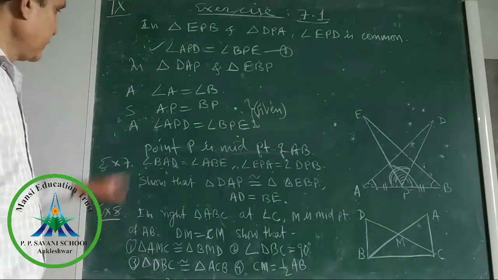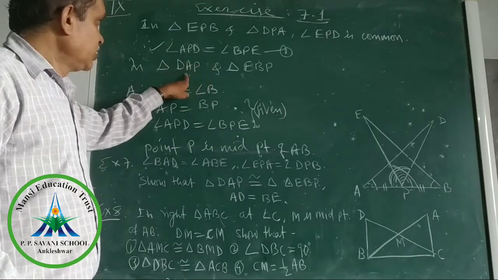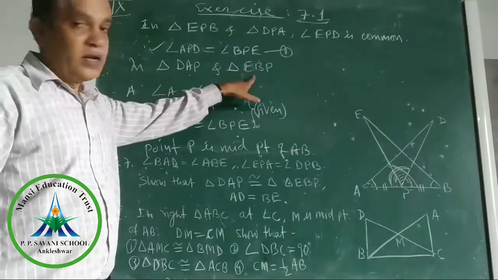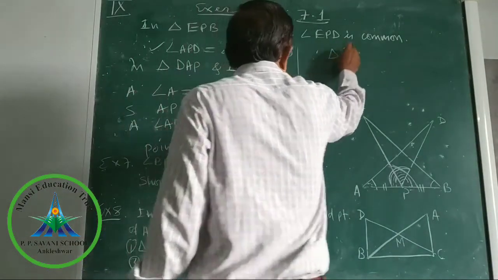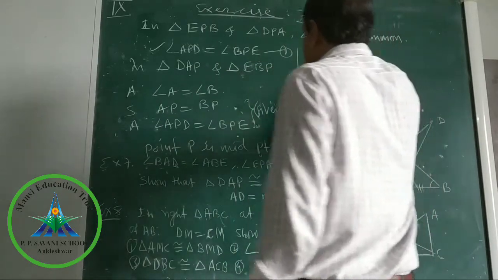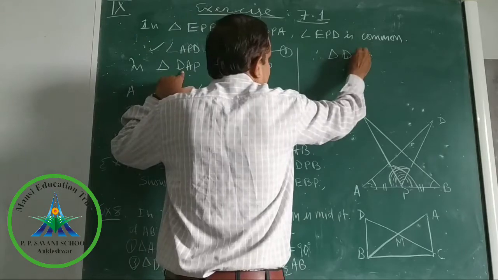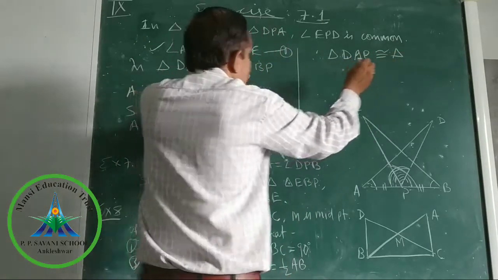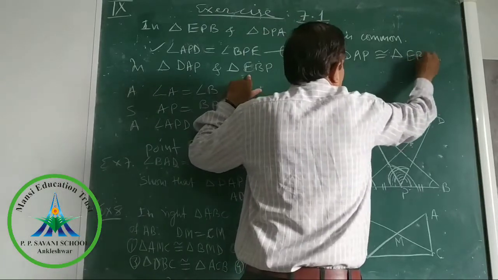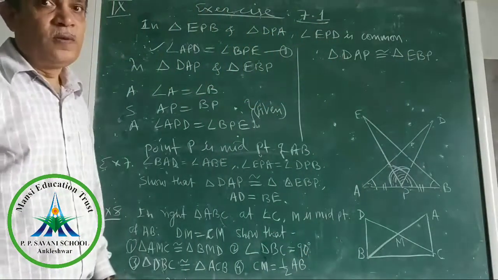Got it? Therefore, by angle side angle, triangle DAP is congruent to triangle EBP. So we will write now: therefore, triangle DAP is congruent to triangle EBP by the angle side angle rule.